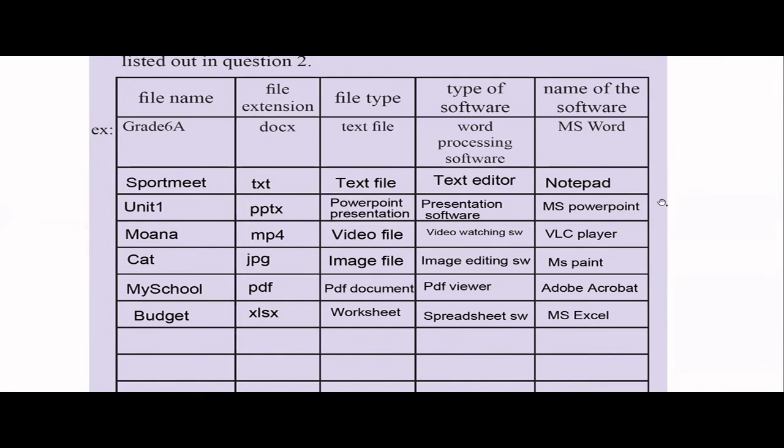This software can be anything in your machine, right? So Moana is a movie, right? MP4 file with the extension. It's a video file, right? You can use something like VLC player, video watching software, for this, right? Understood? So this should be filled according to your files in your computer. Hope you understood.